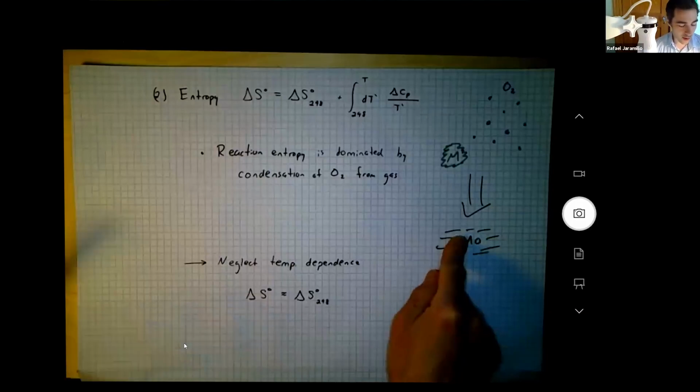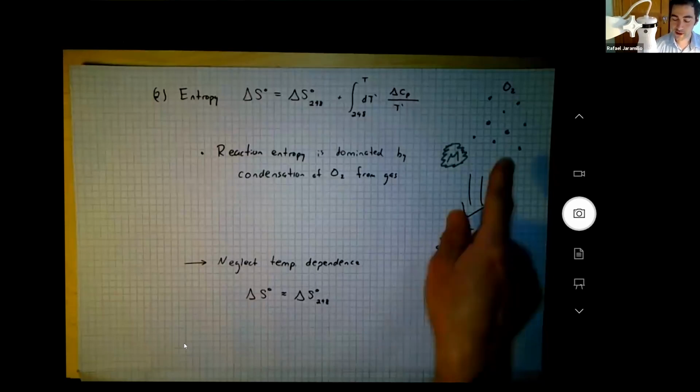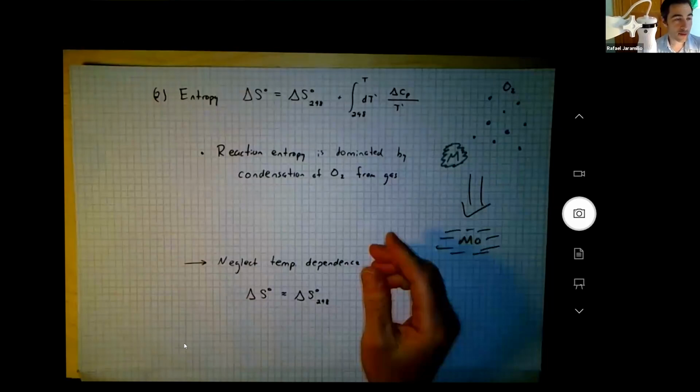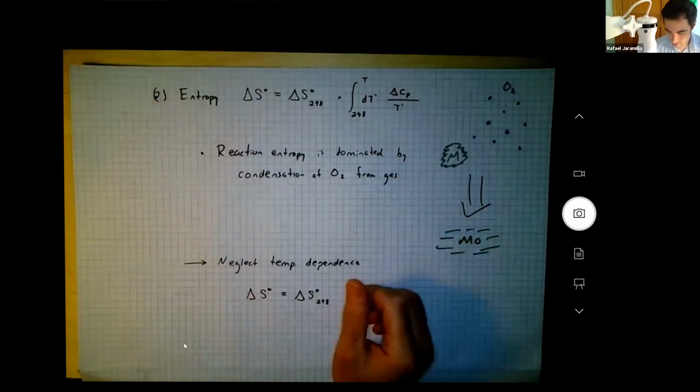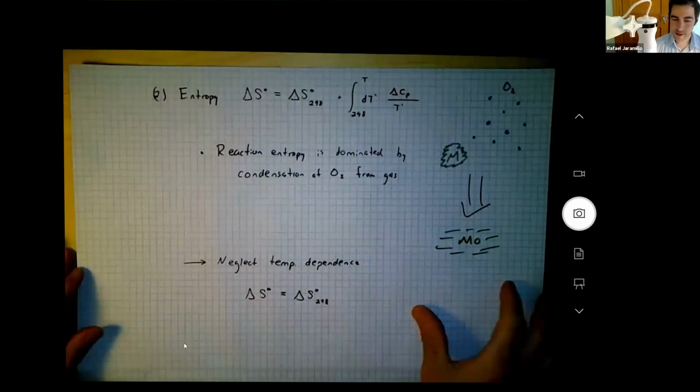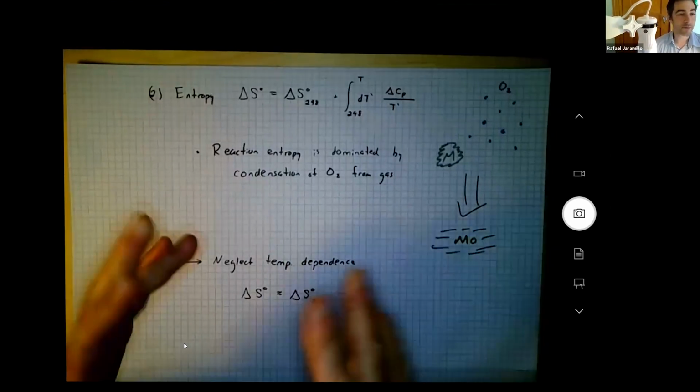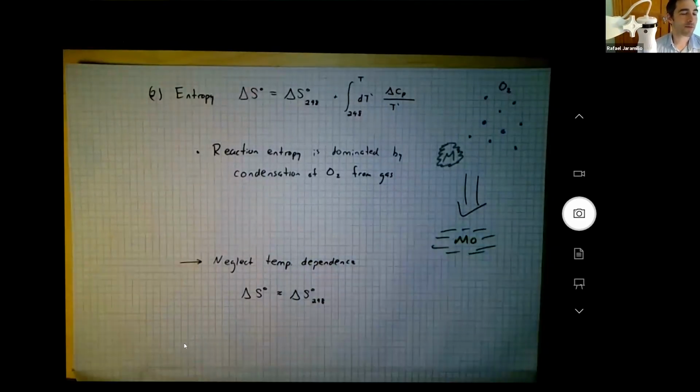Since we're modeling oxygen as an ideal gas, the entropy of this gas is temperature independent. It's configurational entropy, the thing we've been talking about pretty much the whole semester, the entropy of randomly configured gas molecules. Good, thank you. So now we have waved our hands, although we've done it scientifically.